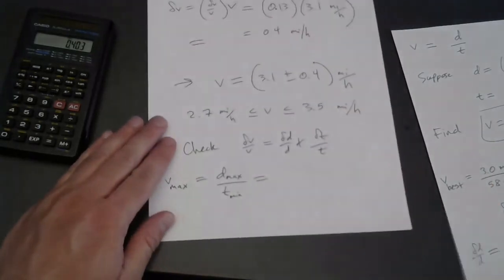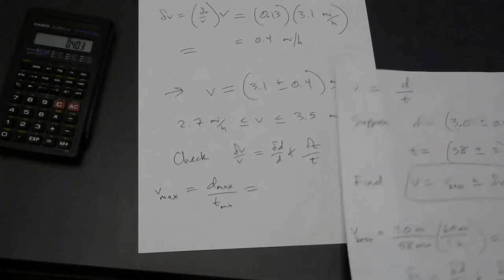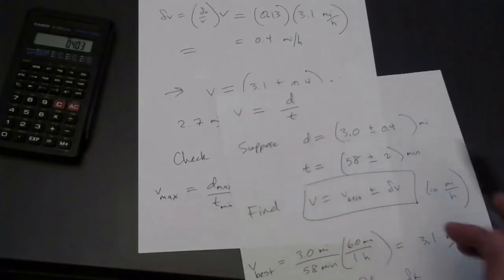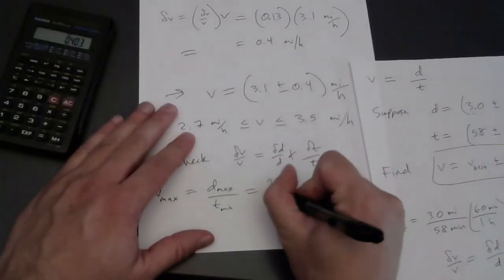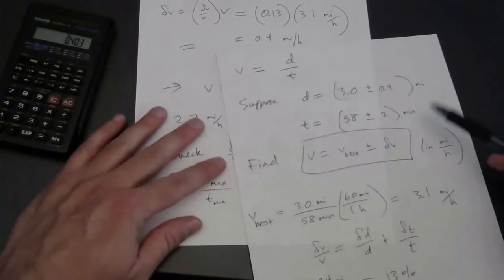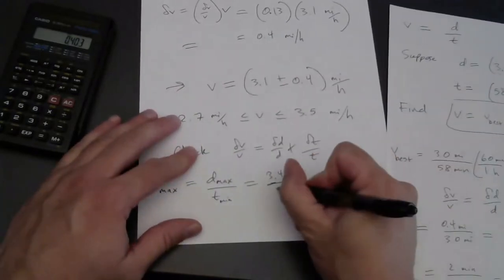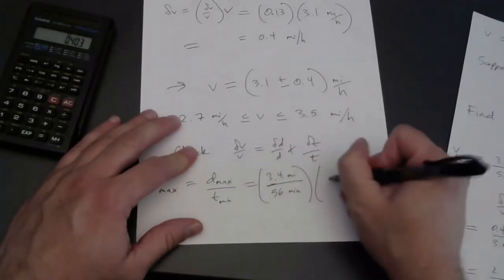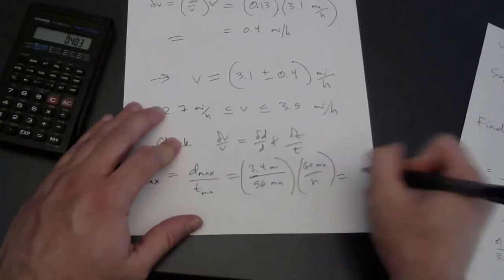I'm just using common sense here to find the highest likely walking speed by another route. The highest likely distance that you walked would be 3 plus 0.4, so you may have walked as much as 3.4 miles, and you may have done so in a time of 58 minus 2. It's possible that you did it in as little as 56 minutes. And of course, I'll convert from minutes to hours so that our speed comes out.